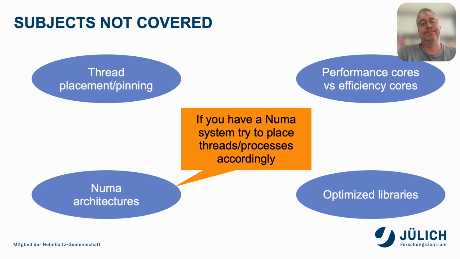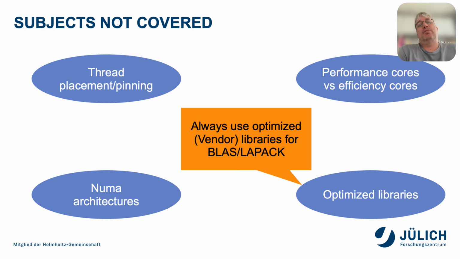And the last thing you really should care about is that you really make sure that you use optimized libraries, especially optimized libraries perhaps provided by your compiler vendor or vendor of your machine for the linear algebra, for the BLAS and the LAPACK part, right? That's also the reason why we don't try to compile these ourselves in our FLEUR configure script.